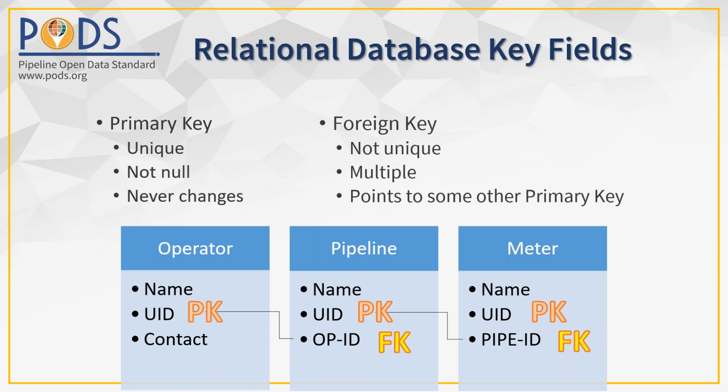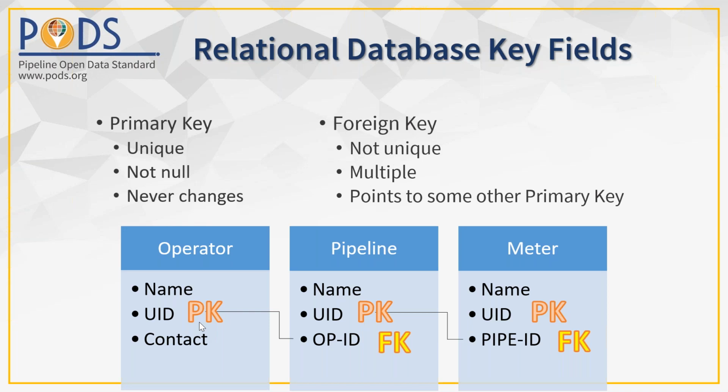However, if you look down below, if you follow the line through the primary key next door to the pipeline table, you'll see the op-id field, and it's a match. So its operator ID is going to match up with the UID that is a primary key in the operator table. Thus, the relationship is established.